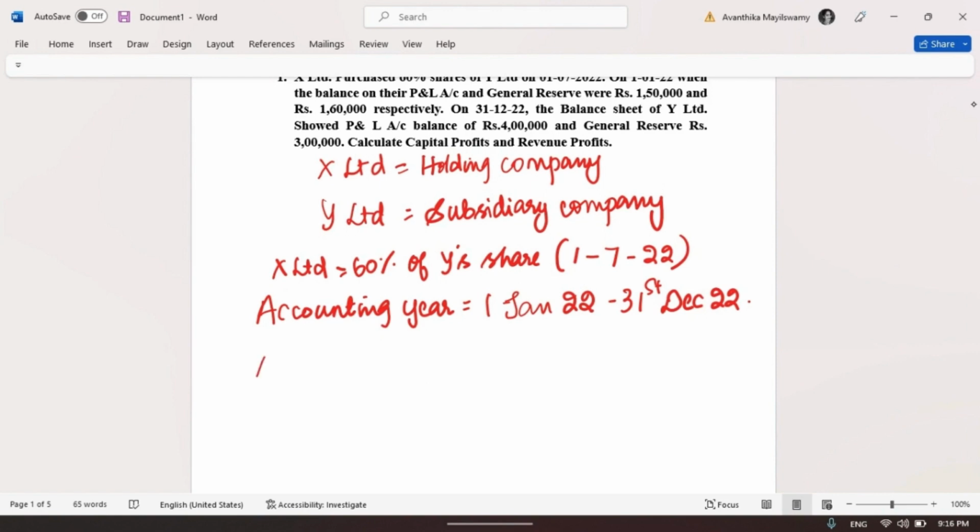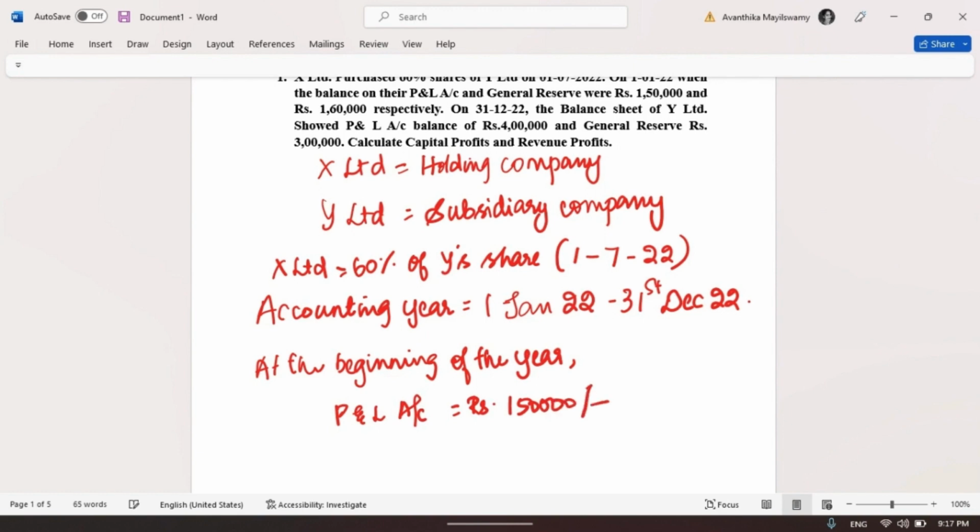So at the beginning of the year, the P&L account showed a balance of 1,50,000 and the general reserve showed a balance of rupees 1,60,000.